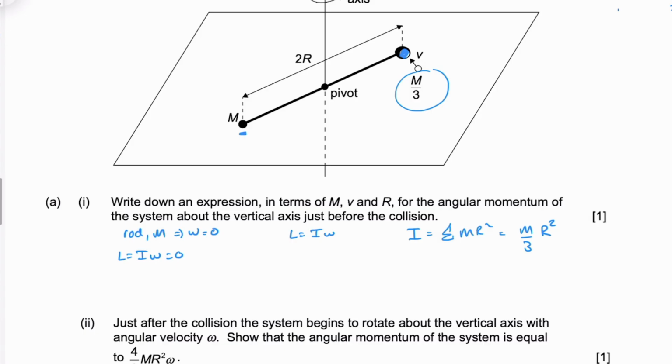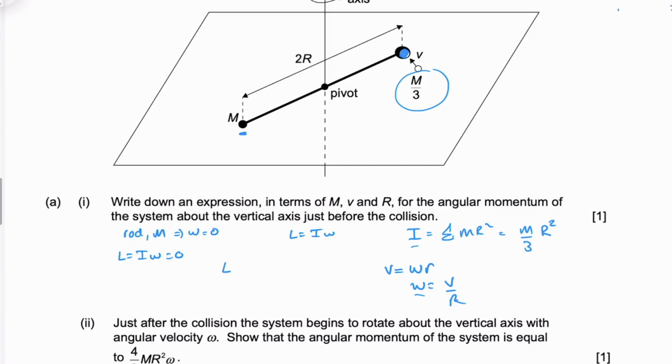We can also work out the angular speed of this object using the expression that we learned in A2, v equals omega r. So omega equals v/r. And actually that works because the linear speed of this object is v, and the distance from the pivot is r. Great, so we've got an expression for I and we've got an expression for omega.